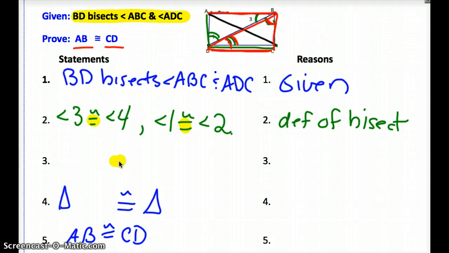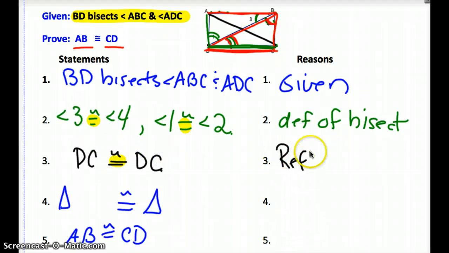Do you see here again what's happening? I have overlapping triangles, and so they share DC. So I'm going to go DC congruent to DC, and that's the reflexive property again.